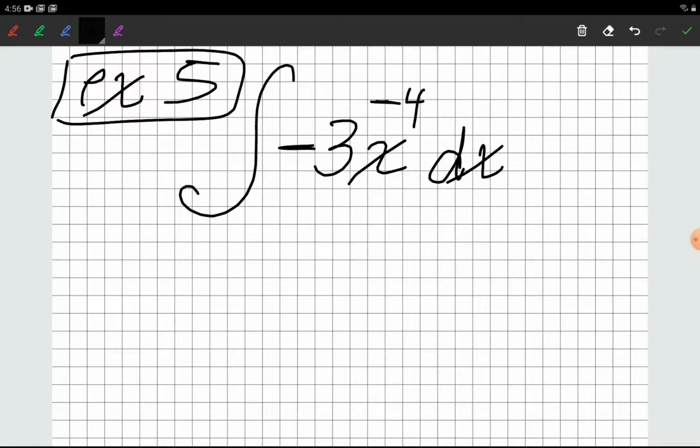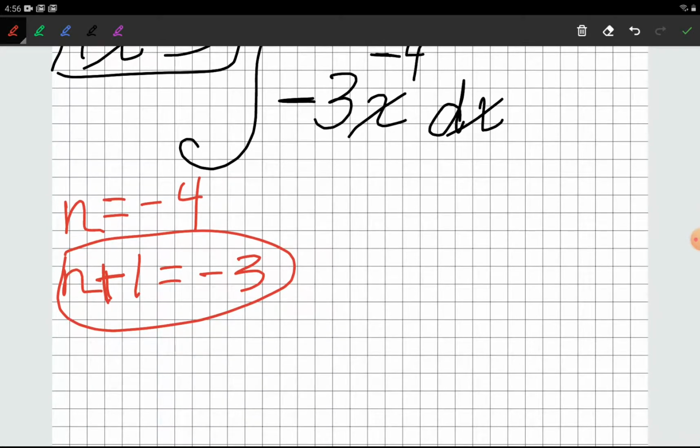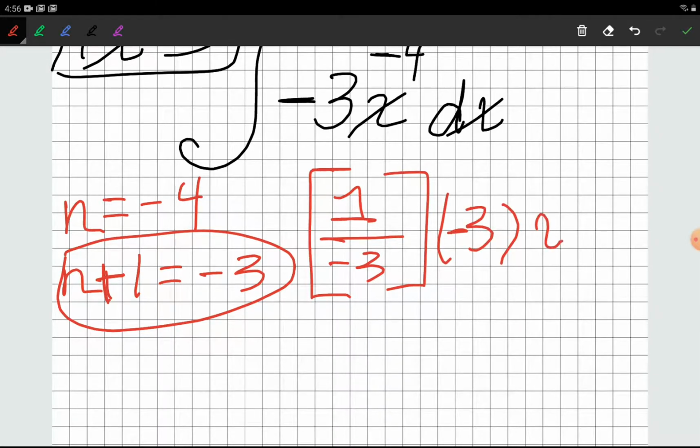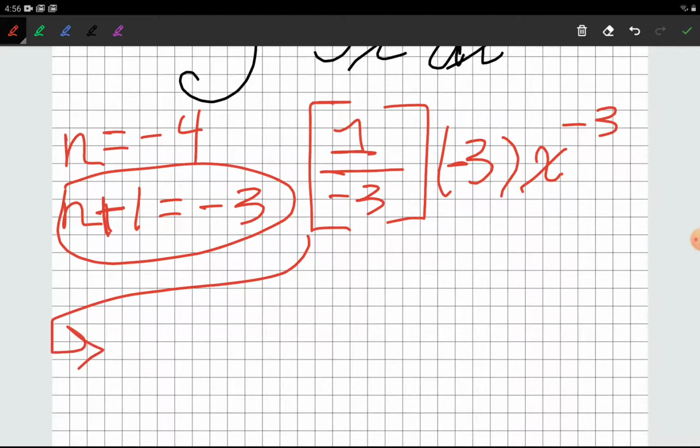So, here we go. N is negative 4, so n plus 1, be careful, is negative 3, which is what I care about. So I have 1 over negative 3, negative 3x to the negative 3. Lots of negative 3's. Now let's do some simplifying.